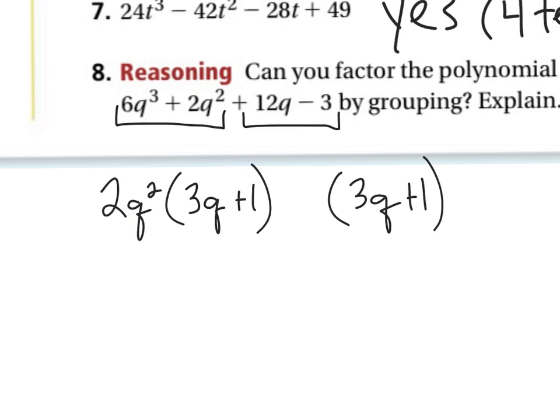So to get this to work, to get the 12q, we need 4 times 3q. That part's good, but then that would be plus 4, and we need a minus 3. So the actual answer for this is no. We can't factor by grouping, it doesn't work out when we work that out.